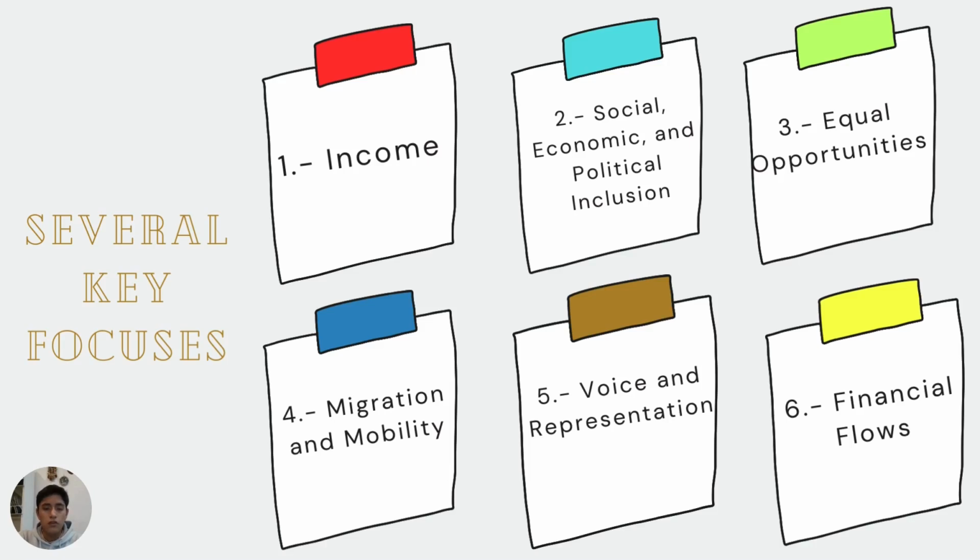Poland works to ensure fair representation in the European institutions, promoting policies that benefit its citizens and contribute to reducing regional inequalities. And as a conclusion, this goal is essential for building more just and inclusive societies.